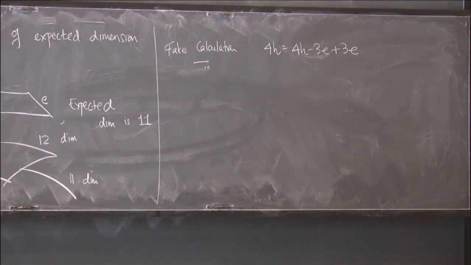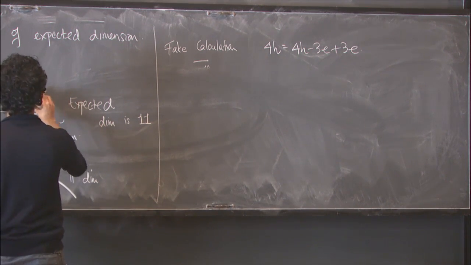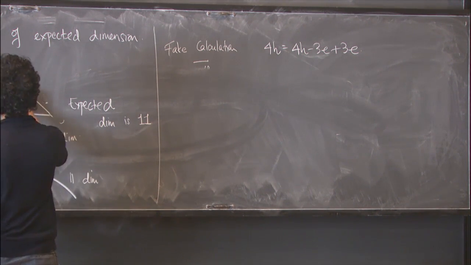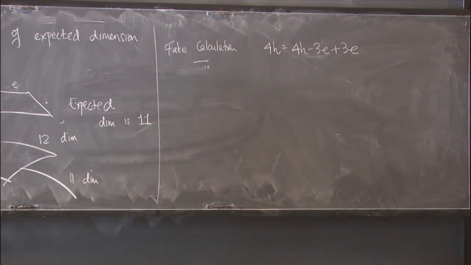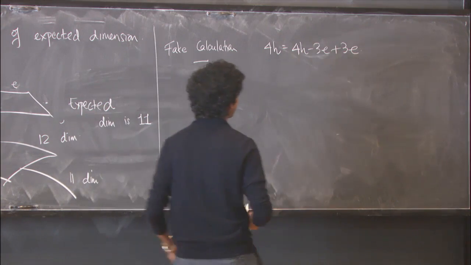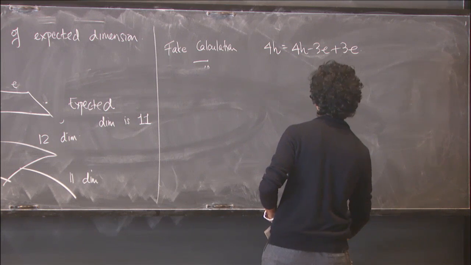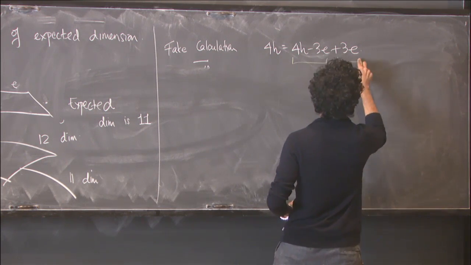Which one is the exceptional? Is it not this one? Oh, it's this one? Yeah, OK. Thank you. Yeah, you're right. OK, so I can think of my class as being 4h minus 3e plus 3e.